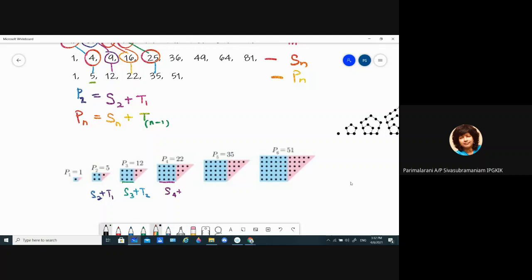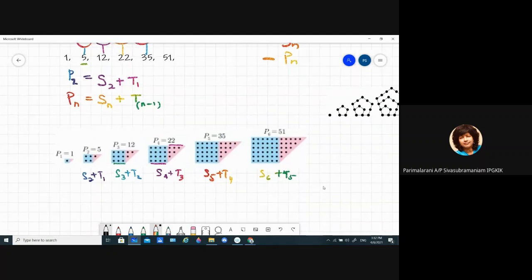Here it is 4, so it's S4. For triangular numbers, the number of dots is 3, so this is T3. So this is S5 plus T4. This is S6 plus T5. So from here we know that Pn is Sn plus T n minus 1.